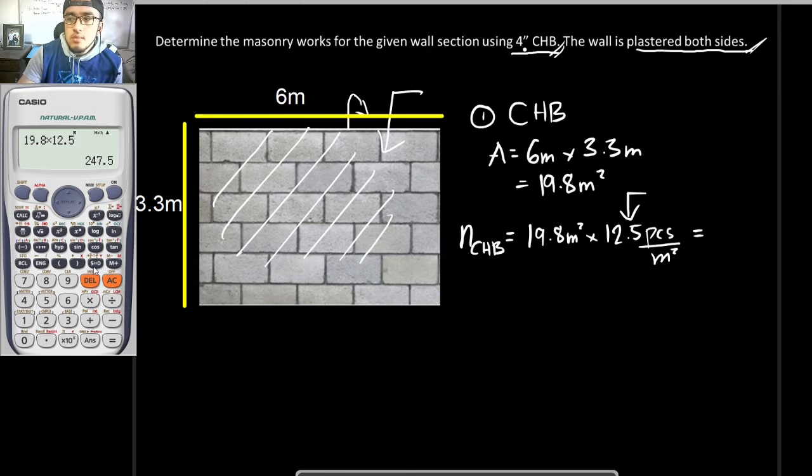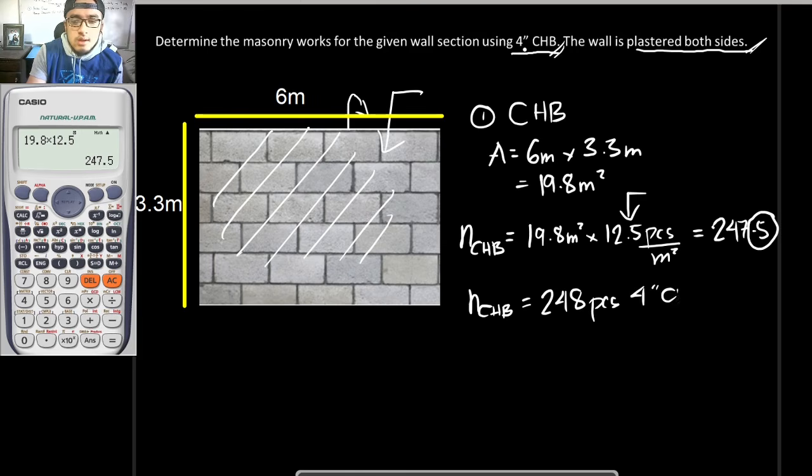So that is to be 247.5. But we cannot buy 1/2 hollow block, so we must round it up. So the number of CHB that we would be needing in this project right here would be 248 pieces, 4 inches CHB. So it would be as easy as that.